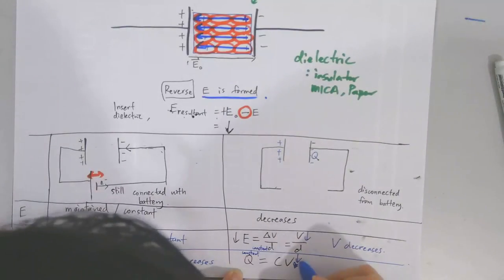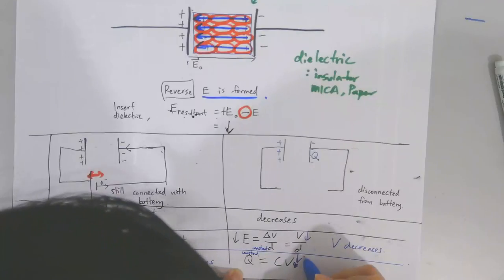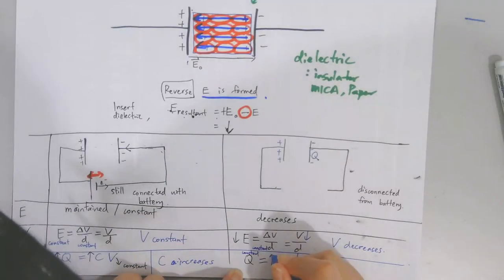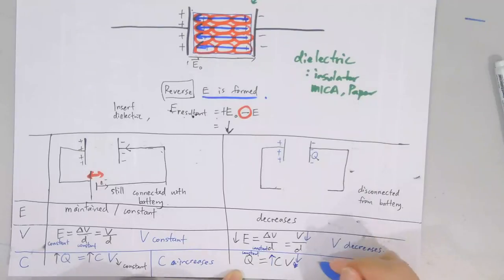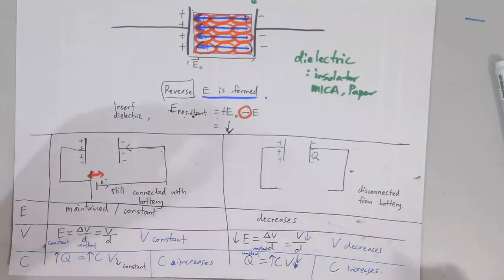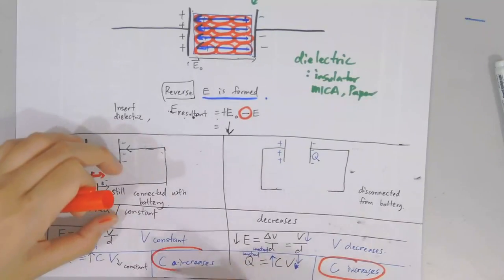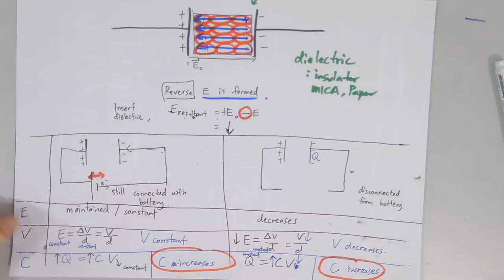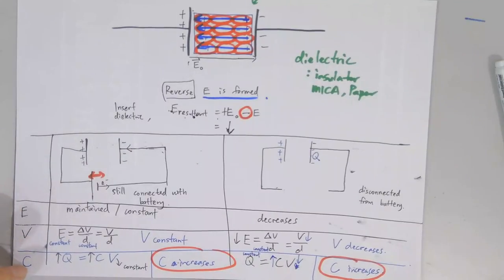Jadi kalau Q constant, kalau V menurun, nilai C kita kena menaik. So in this case, our capacitance bertambah juga. Okay, for both cases, C also increases, tapi nilai untuk semua ini berbeza. You kena perhatikan ni. C untuk kedua-dua case memang increases.